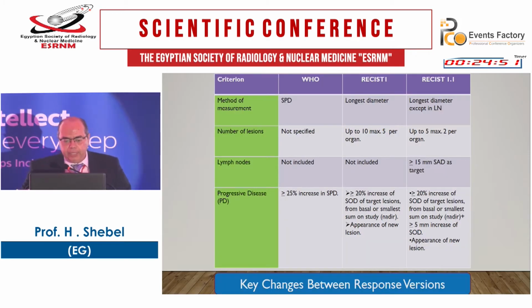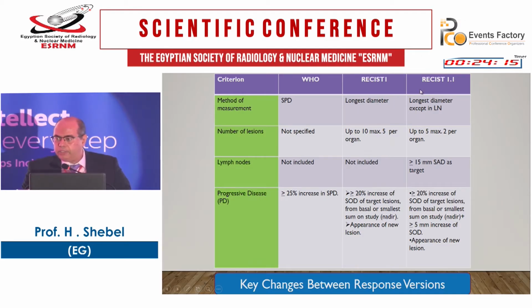This table highlights the main differences between the three main systems from 1981 to 2009 and above. WHO was based only on what we call the SPD. However, RECIST found the best predictor for assessment of tumor response is the longest diameter of the lesion, not the longest and shortest both of them, but the longest diameter of the lesion is the best predictor for the tumor response.